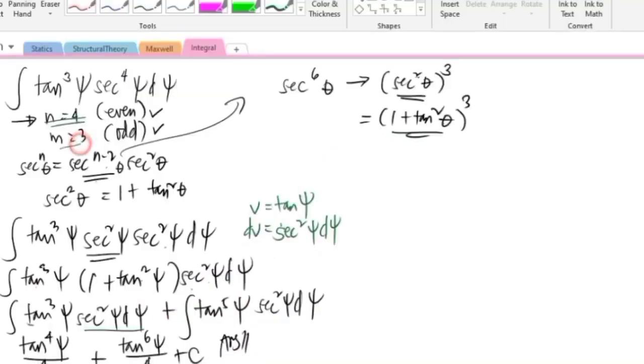What if ito naman yung gagamitin natin? Pero the same problem ito, ha? No? So m is odd. So gagamitin natin yung isang rule.